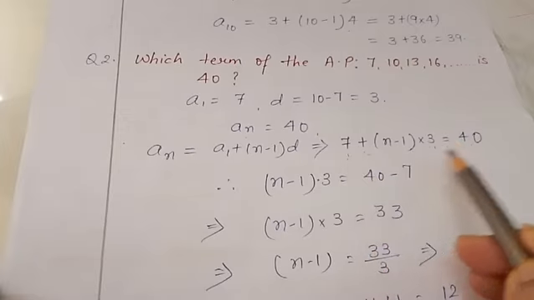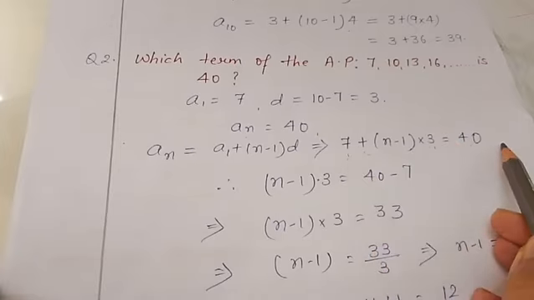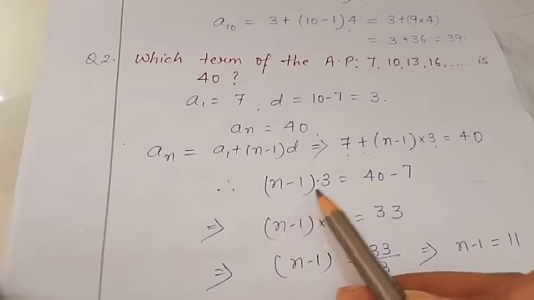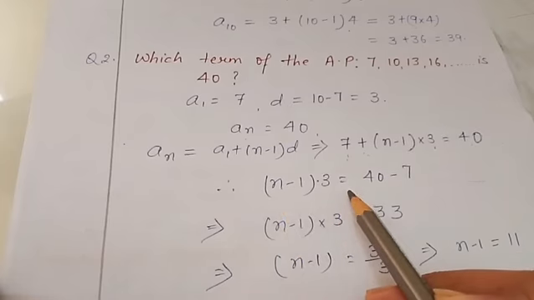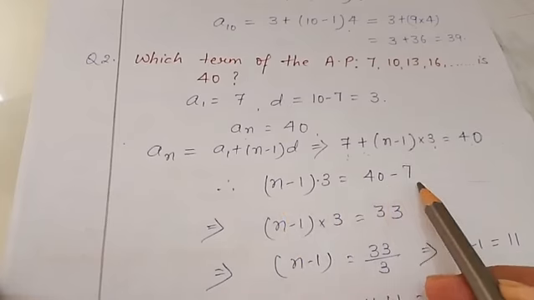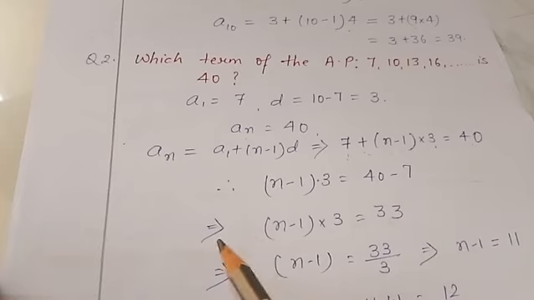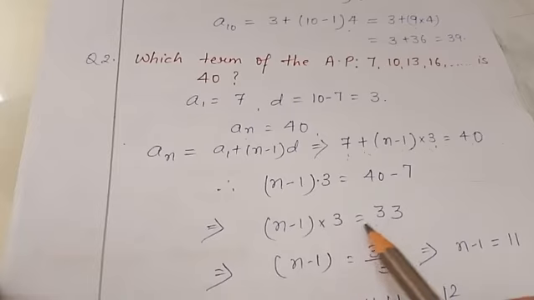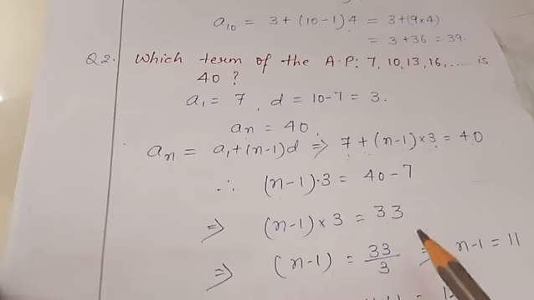Move 7 to the other side. Therefore, n minus 1 into 3 is equal to 40 minus 7. This implies n minus 1 into 3 is equal to 33. Divide both sides by 3 so that n minus 1 is equal to 33 upon 3.